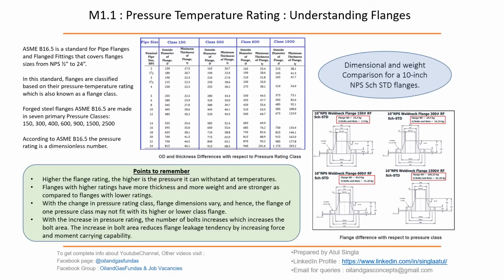So it is also adding to the strength of the flange. More number of bolts, more bolt area, more tightening, lesser leakage chances. So this is all about flanges. We have tried to understand how flange ratings are involved, and how it is improving with increase in size and with increase in pressure class.